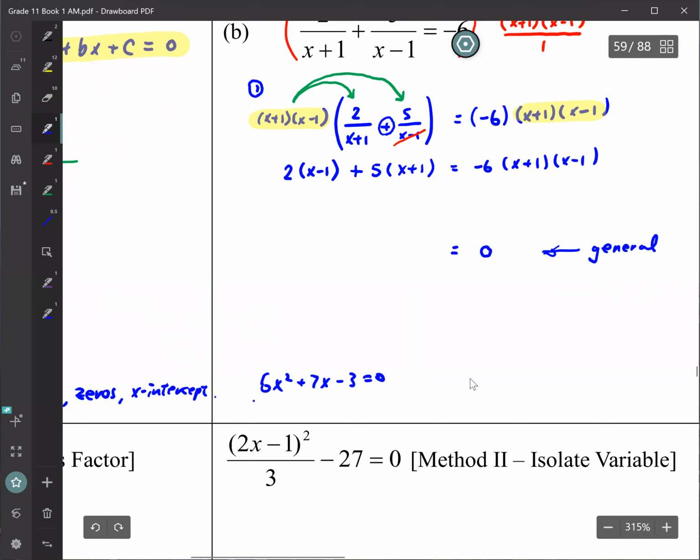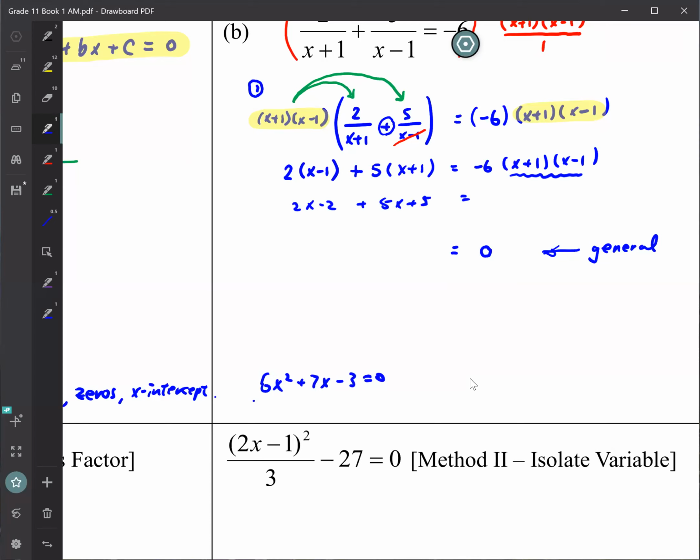Okay, let me just quickly expand this. So first one, you get 2x minus 2, 5x plus 5. And then over here, I'm going to expand this part first, because this one is a special product, A plus B times A minus B. So that will give you A squared minus B squared. 1 squared is 1, so that makes things easier.